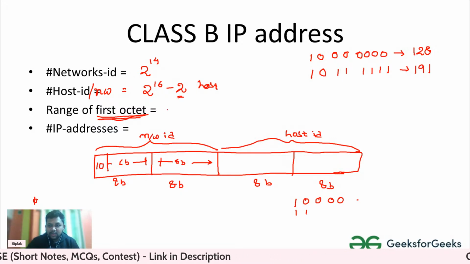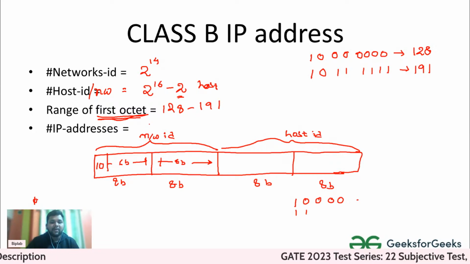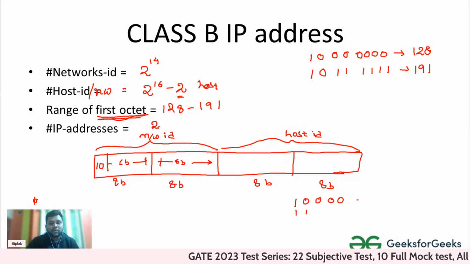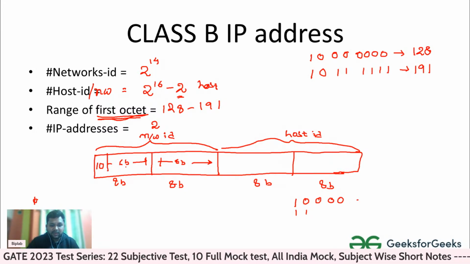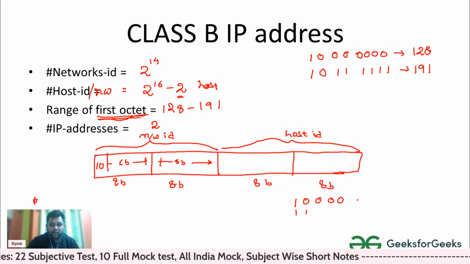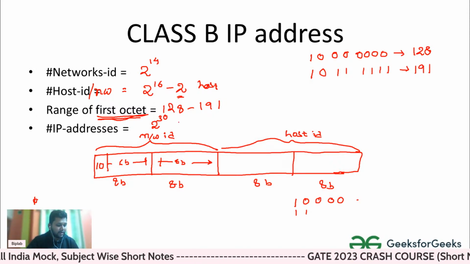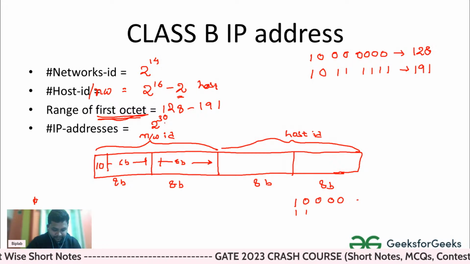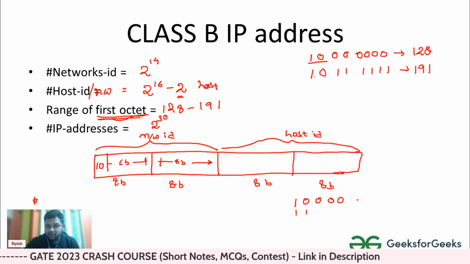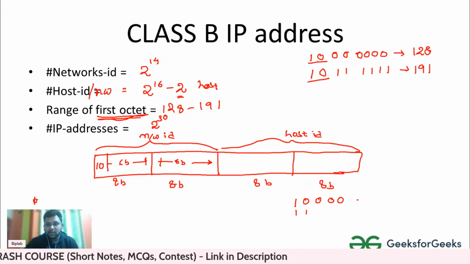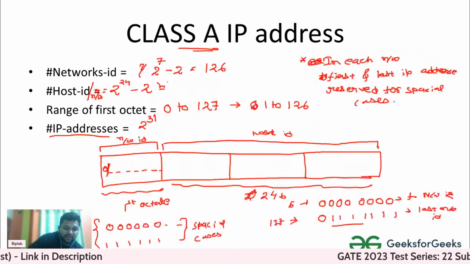So the range of the first octet is 128 to 191, and the number of possible IP addresses is 2 to the power 30, since 2 bits are reserved. You have 8 bits, 8 bits, 8 bits and 6 bits: 3 eights are 24, with 6 that is 30. Why is it 128? Because your first 2 bits are fixed. For class B, your first 2 bits should always be 1 and 0, as discussed in the diagram.